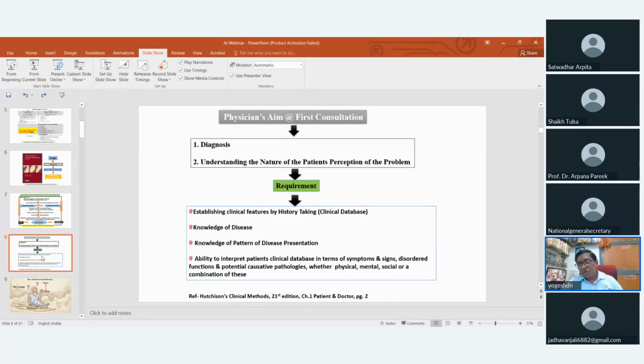Please take a note of this, that this is mentioned in Hutchison's clinical methods, where the importance of physical, mental, social, or a combination of all these things have been mentioned. So what we are looking in homeopathy and the way in which the things have been mentioned in clinical methods written by Hutchison or in other clinical methods also, we can find out that this is so much important.